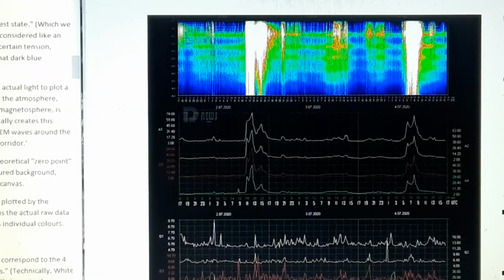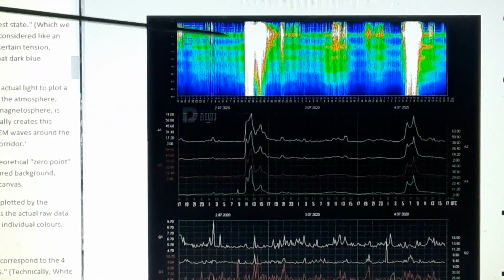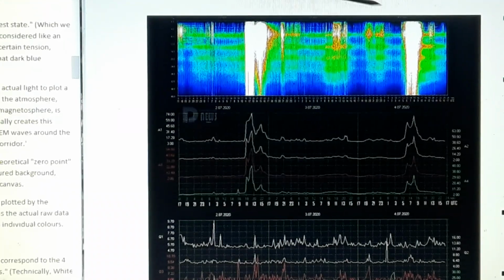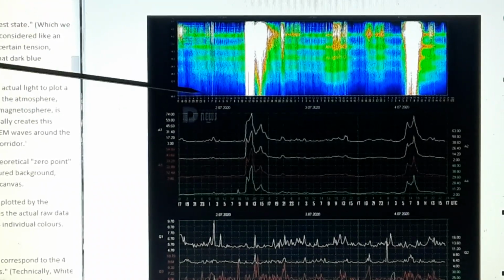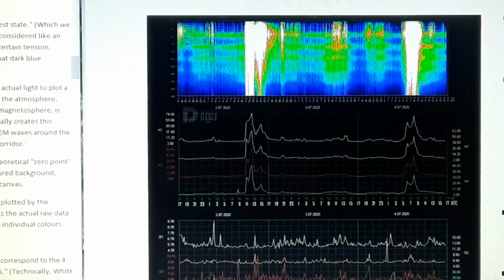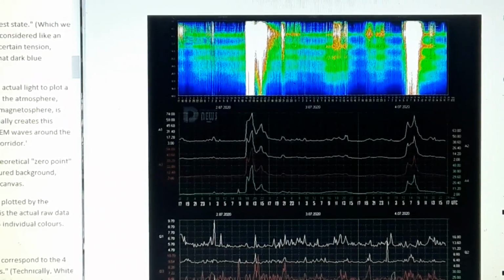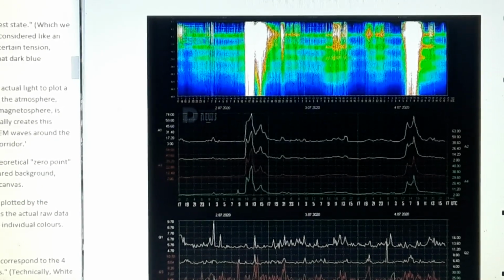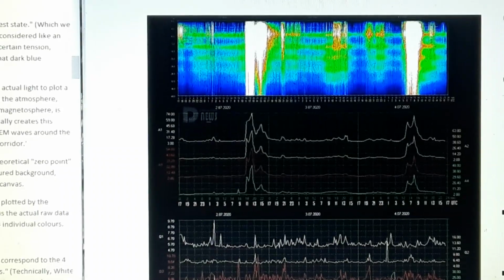Right. So the dark blue, it's hard to tell here, but there's a little bit there, a little bit there, a little tiny bit up there. The dark blue, which you don't see much of, is the at-rest state. That is the neutral, at-rest, fair weather state of the atmosphere, but of the chart itself.